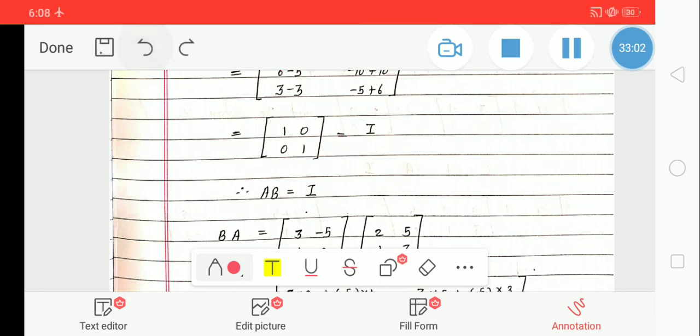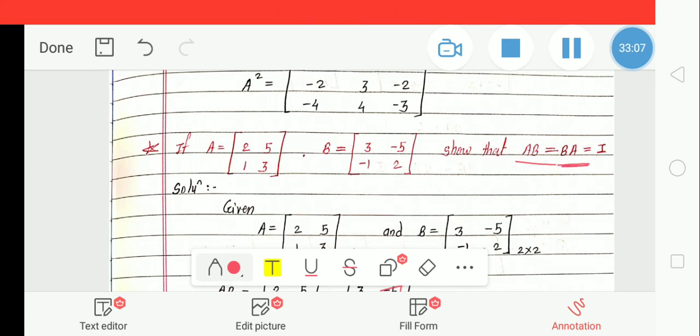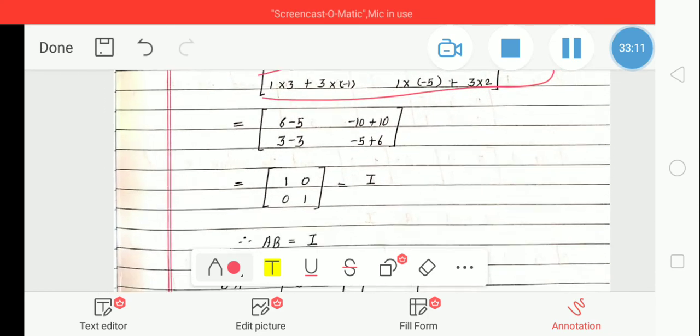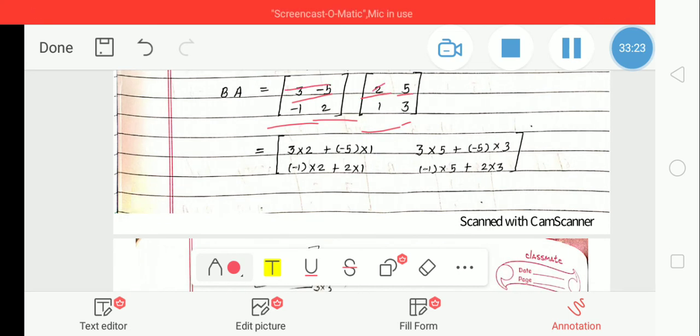But we want to prove AB is equal to BA, that is equal to I. So now we take B multiplied by A. So B is 3 minus 5 minus 1 2, and A is 2 5 1 3. So 3 multiplied by 2, minus 5 multiplied by 1.